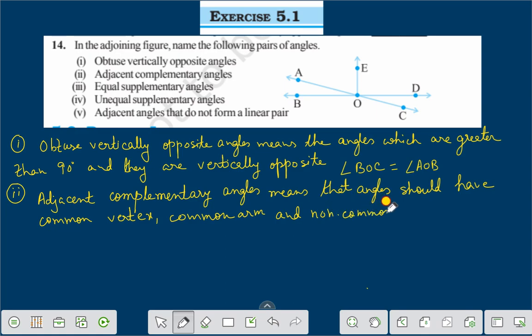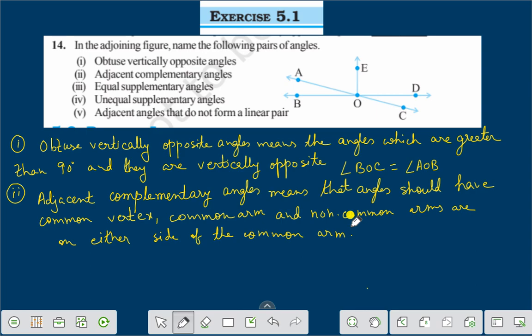The non-common arms are on either side of the common arm. That is adjacent complementary angles.